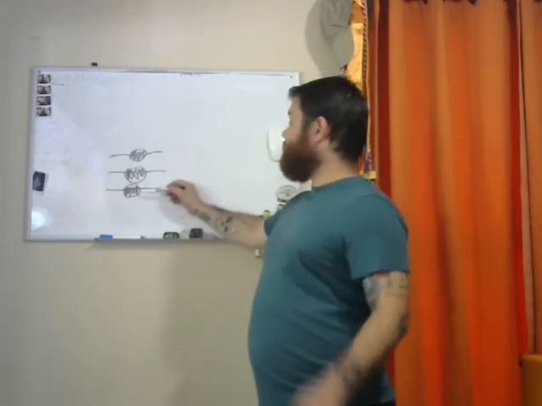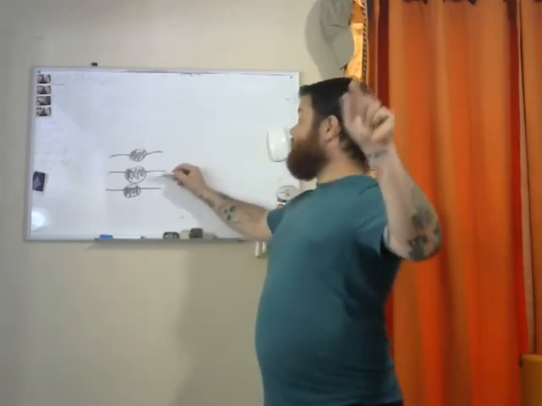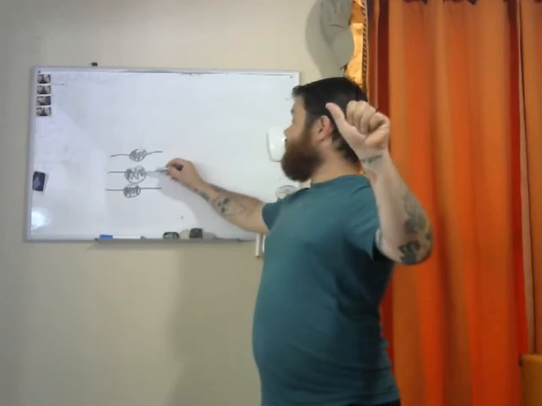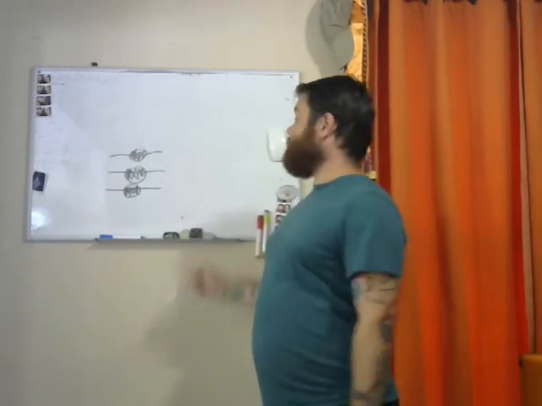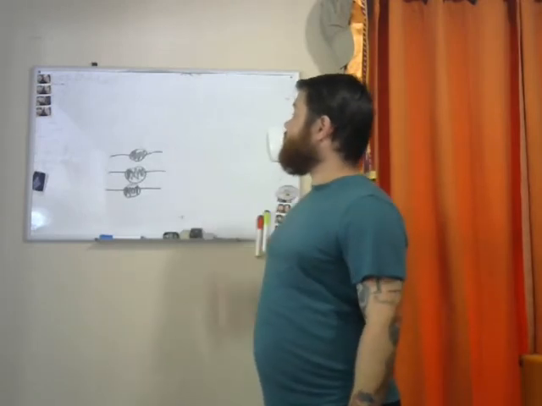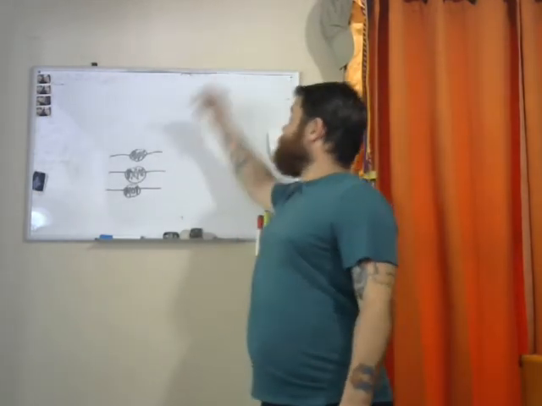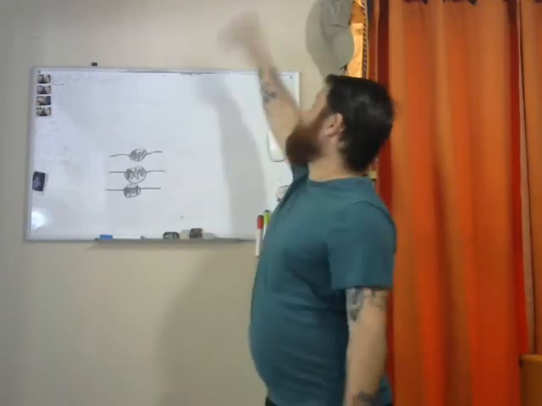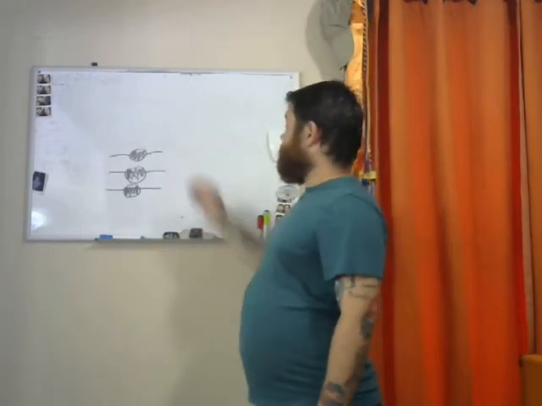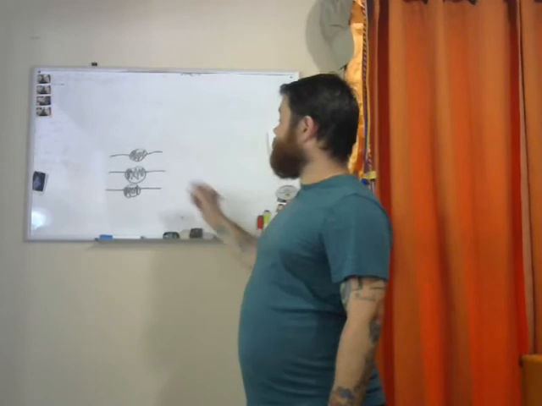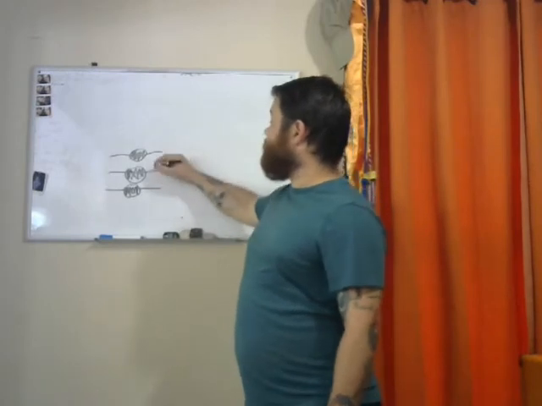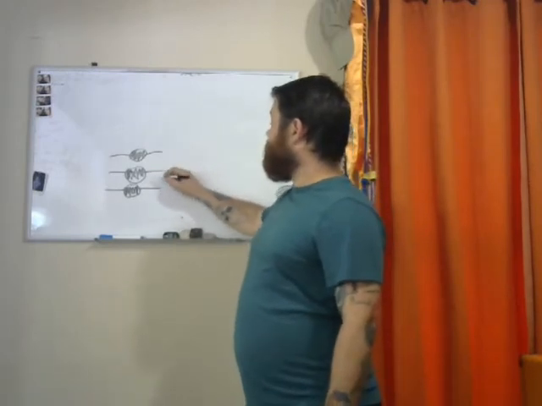So C, D, E is the next note, E, F, G is the next note. So they're just thirds stacked on top of each other, and you can build as high as you can go with how many fingers you have. You can keep building up in thirds.